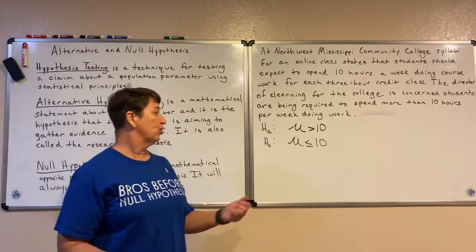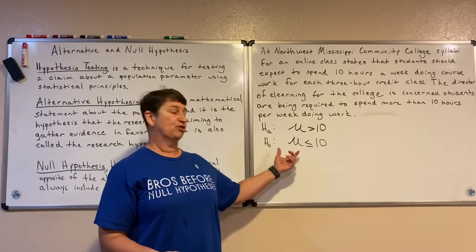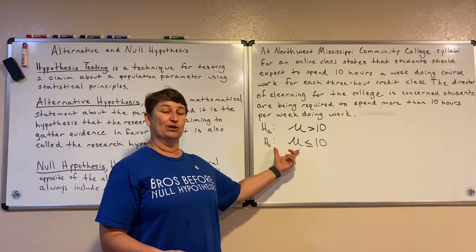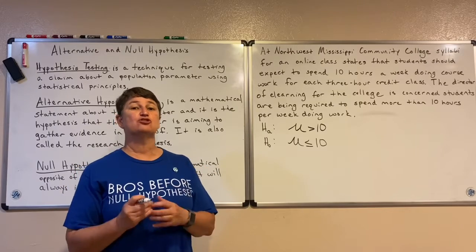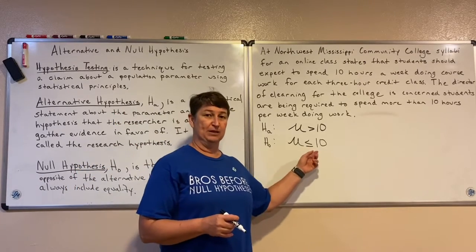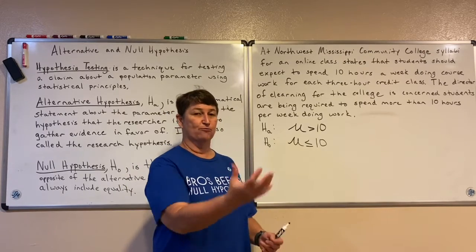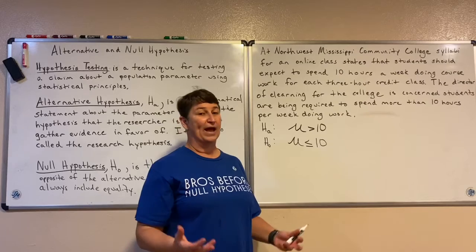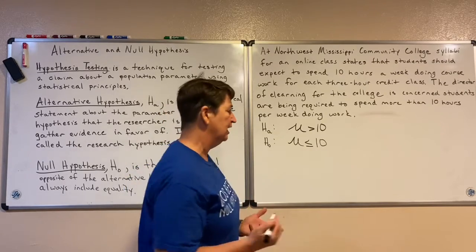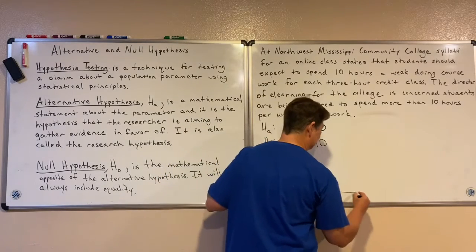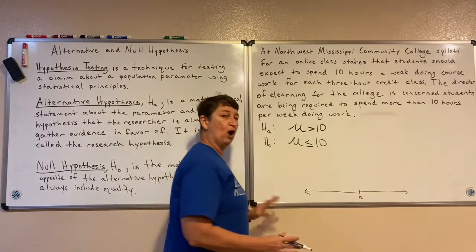So again, we are going to assume that this is true, that the average amount of time that they're spending is less than or equal to 10, unless we gather enough evidence to show that, hey, that might not be the mean after all. And the way we're going to do that is we, again, know if we go out and collect a random sample of at least 30 people, we know that that sample mean is part of this sampling distribution, and that sampling distribution should be approximately normal.